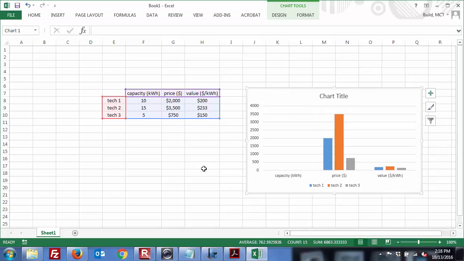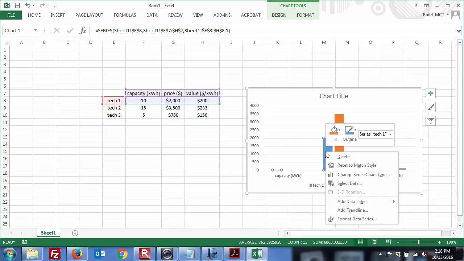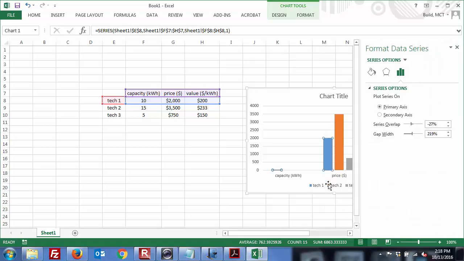Yeah, we can actually do this. We'll get rid of price, and we can plot value.